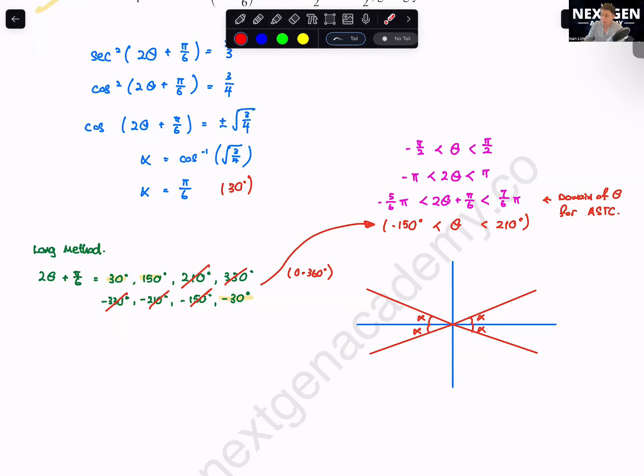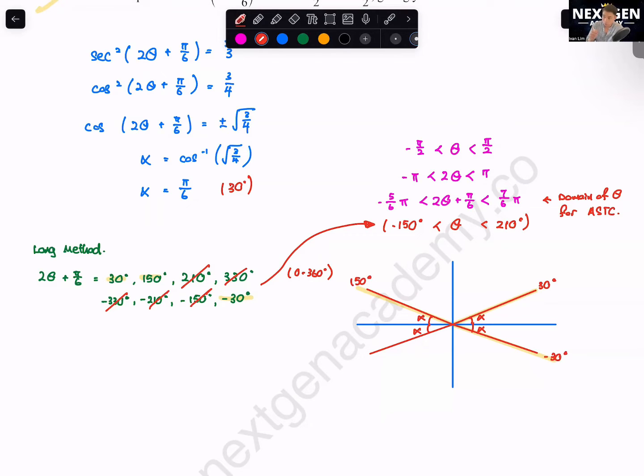So based on my graph, what I'm actually doing is taking this and this only. This is 30 degrees, 150 degrees, and then I go clockwise, here will be minus 30 degrees.